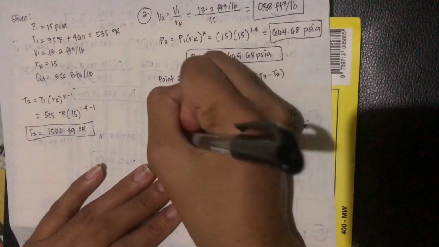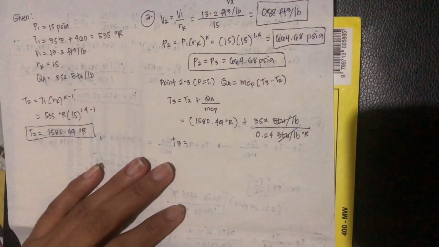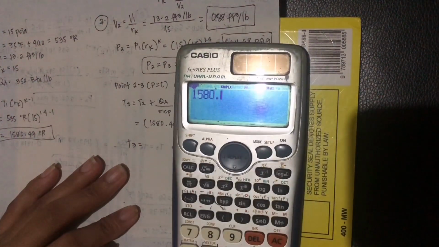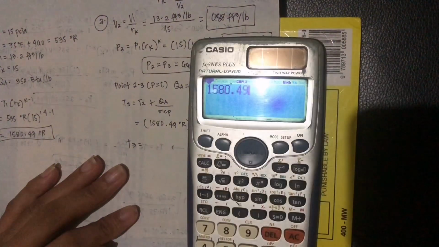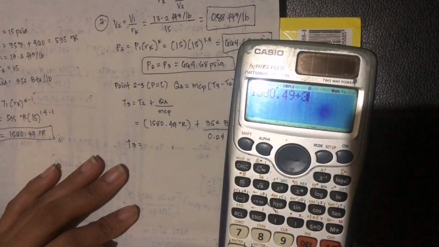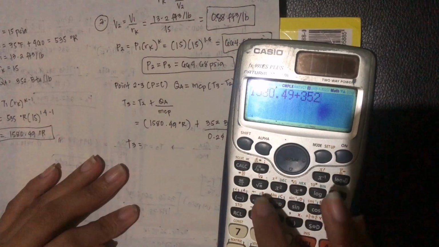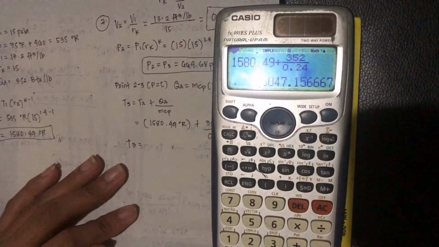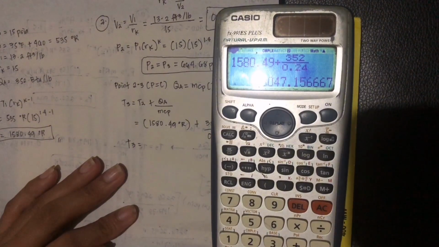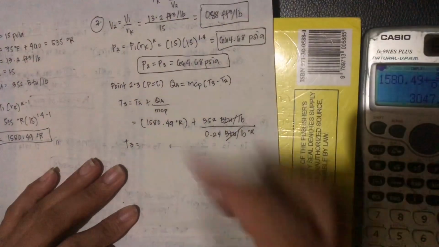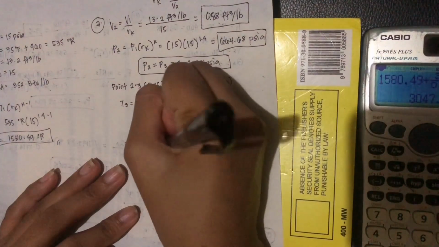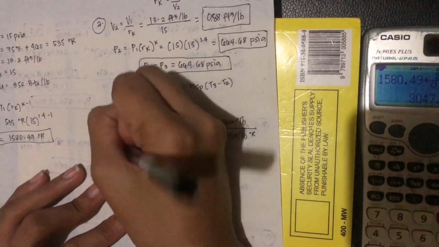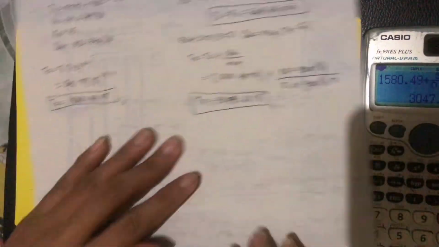So our T3 is 1580.49 plus 352 over 0.24, and the answer is 3047.15. So T3 is 3047.15 Rankine.